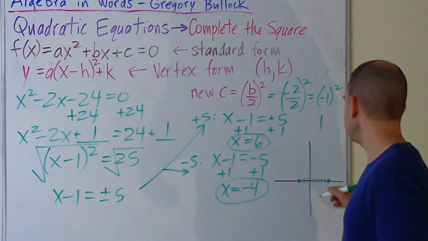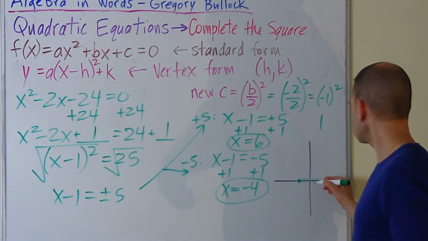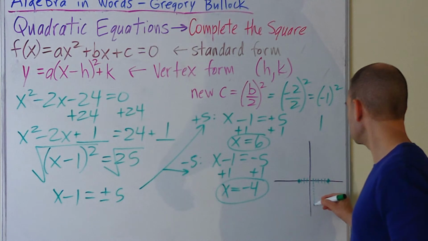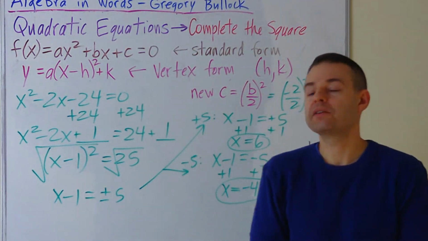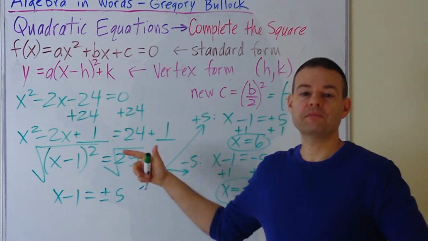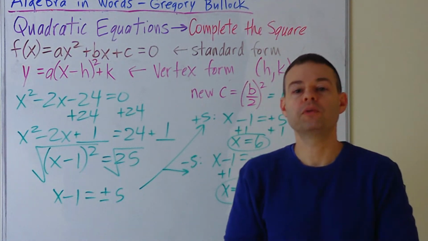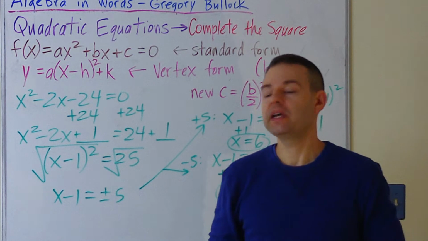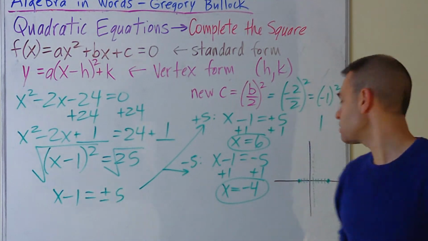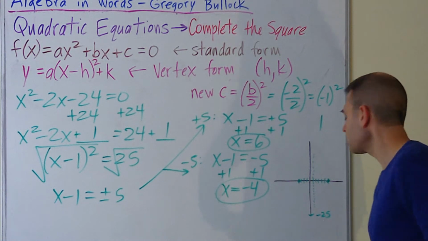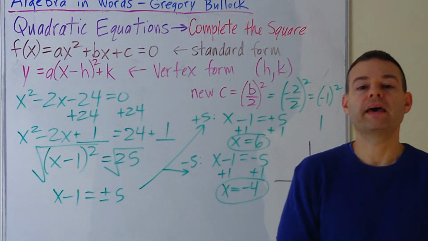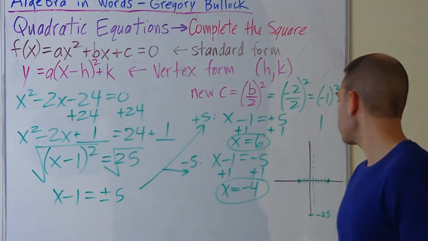So that would be here. And the y value, if we move the 25 back to the left, it would come as negative 25. And basically, without counting, let's just say it's way down here. Okay? And so that would be the vertex.